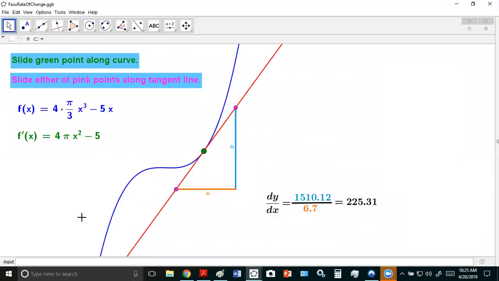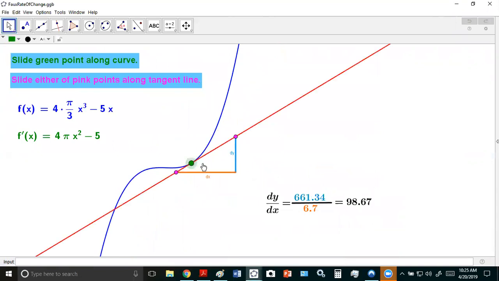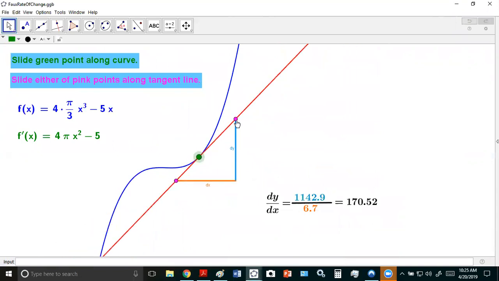Well, as I explained in this little applet, which I used in the Strang video, dy/dx is simply the gradient of the tangent line at a given point, okay? That's all dy/dx is, and of course you can have different dy/dx's. Nothing is changing. See this value here, the tangent gradient?